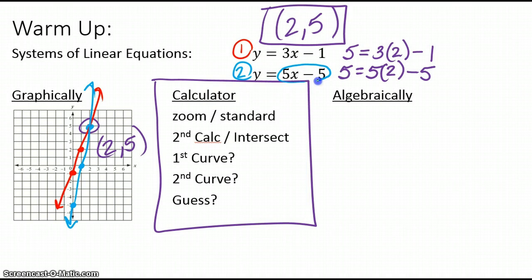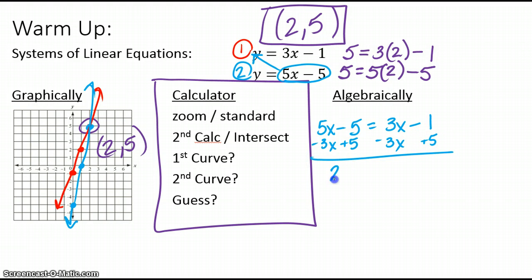So we would take 5x minus 5, which equals y, and we're going to put it right there in place of that y. So we have 5x minus 5 equals 3x minus 1, and then we go ahead and solve. So we're going to subtract 3x from both sides, and we're going to add 5 to both sides, and we get 2x equals 4, divide by 2, so x equals 2.